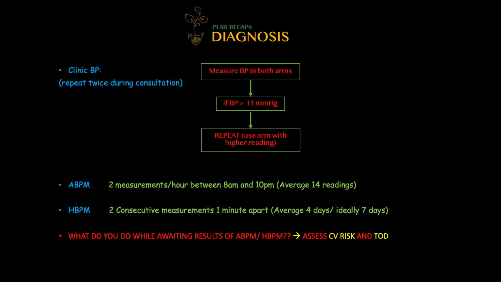So sometimes patients cannot tolerate this, and so for them home blood pressure monitoring is suggested, in which you just take two consecutive measurements which are just 1 minute apart. You take it twice in a day, morning and evening, and you average it over 4 days. Ideally it should be done over 7 days, and then you document your findings.